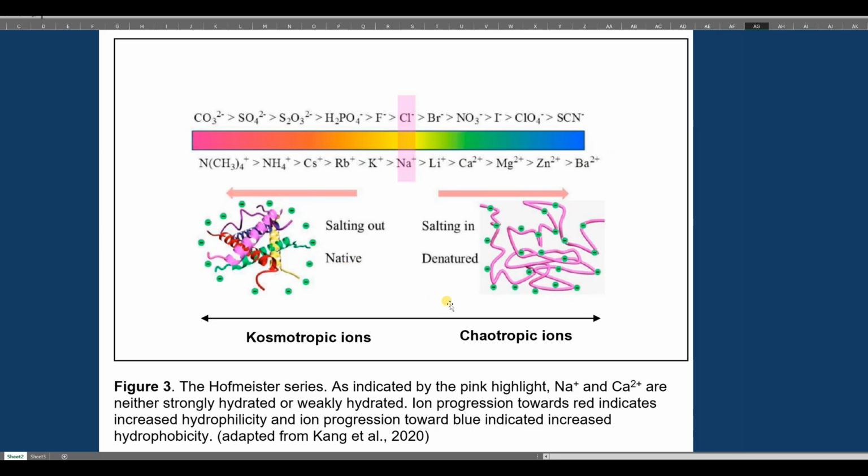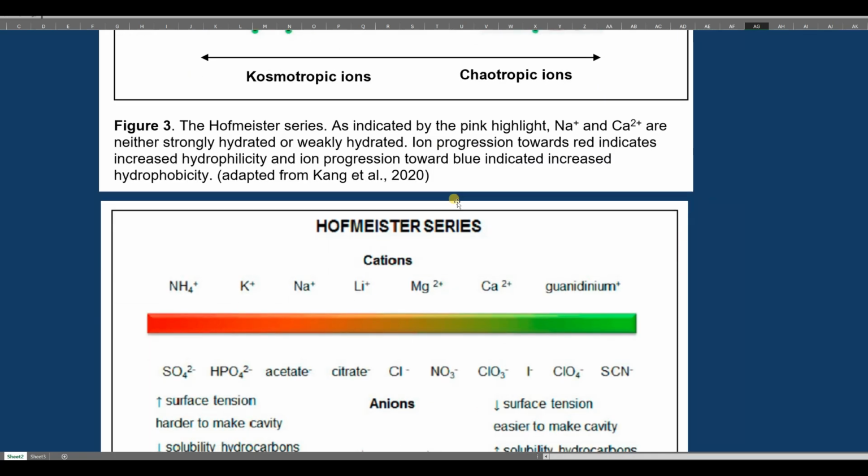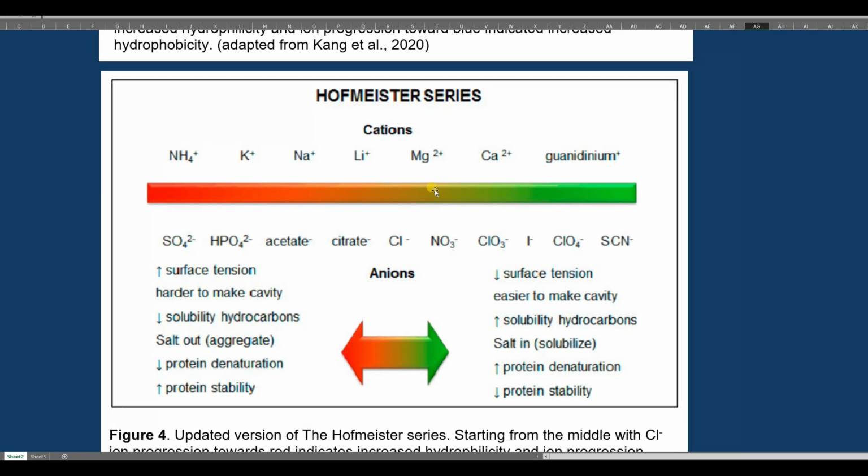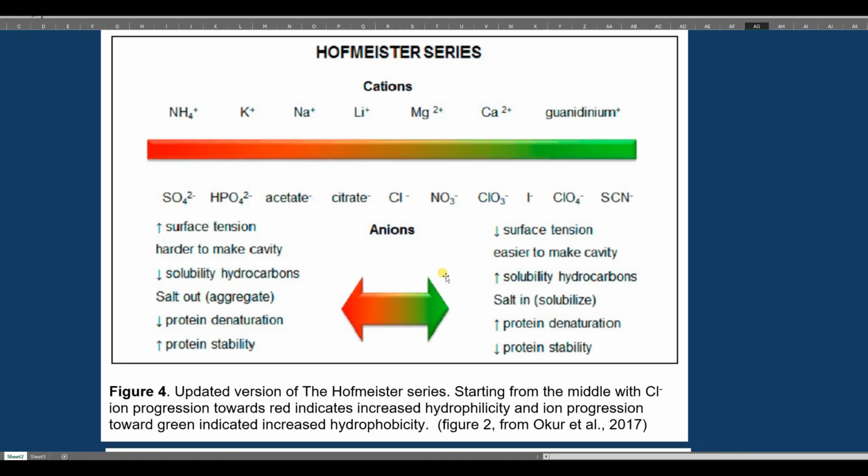Now, again, we're not really going to go into the lyotropic properties of these cations here, but what I want to show you on this next scale, which is the same scale, is that if you look at going towards green, these have a very high propensity to solubilize hydrocarbons. So what do I think is happening here?